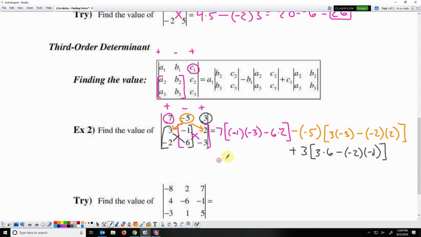Okay, so we have 7 times 3 minus 12, minus negative 5 times negative 9 minus negative 4, so that's plus 4, plus 3 times 18 minus negative 2 times negative 1, which is 2.